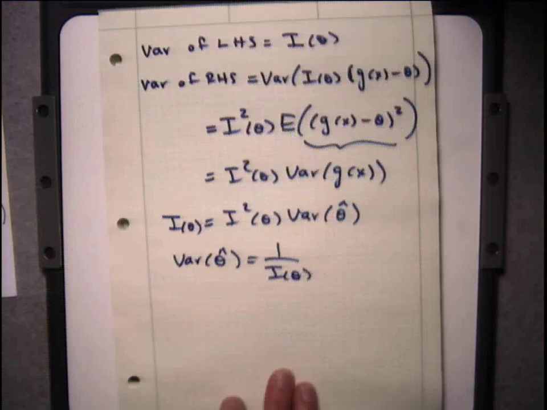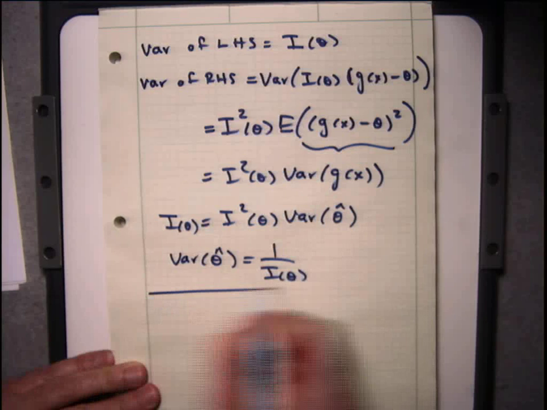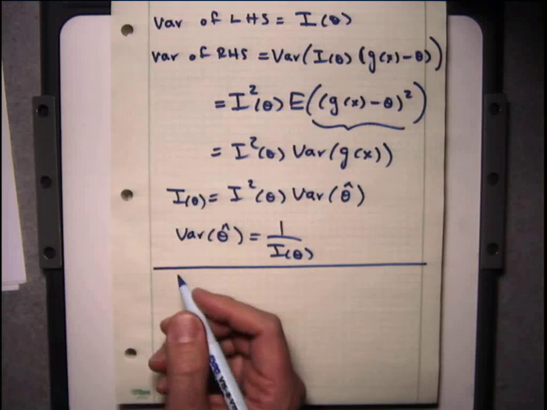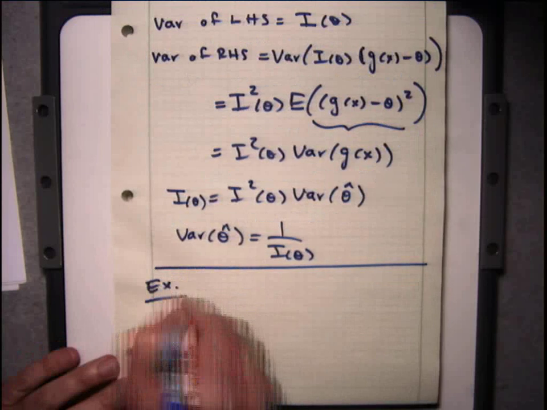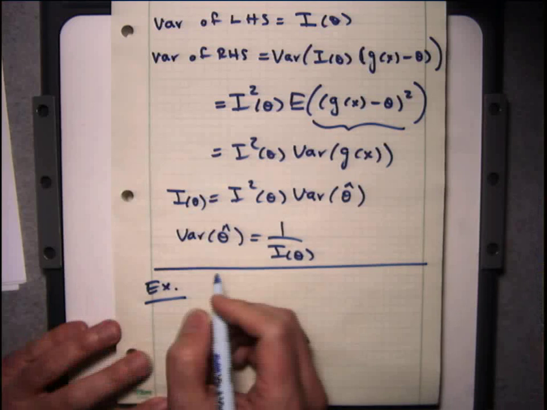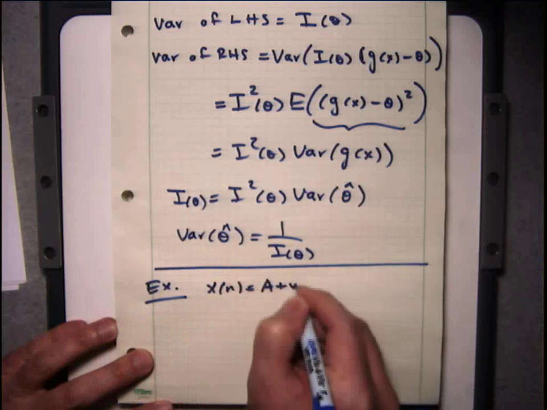All right. So now let's do a few examples to see how these bounds actually work for us. Let's do again the simple problem that we've been carrying around with us. x of n is A plus w of n.